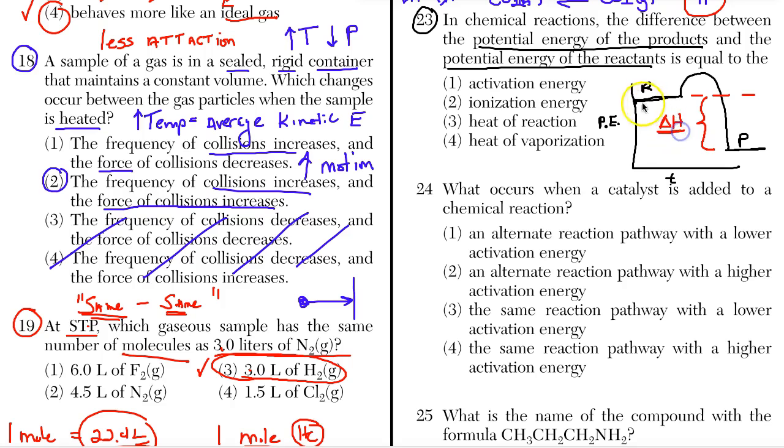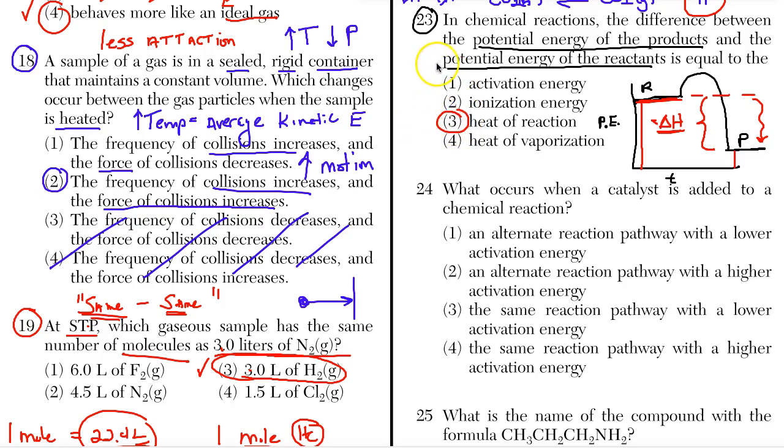If you knew your potential energy diagrams, you would know that the difference between the potential energy of the products, this line right here, and the potential energy of the reactants, that's this line right here. If you subtract these two lines, that's delta H. It's a change of H, and by the way, it's going down, and that's why for exothermic reactions it's negative. So this would be the heat of reaction.